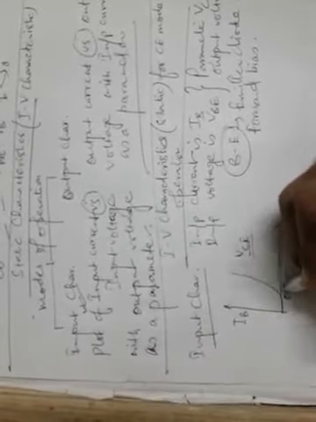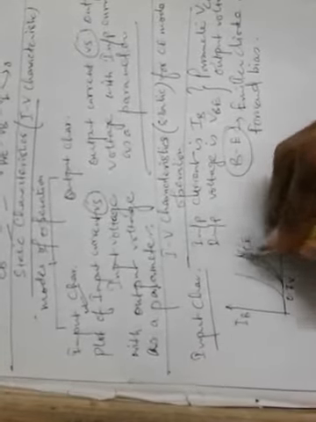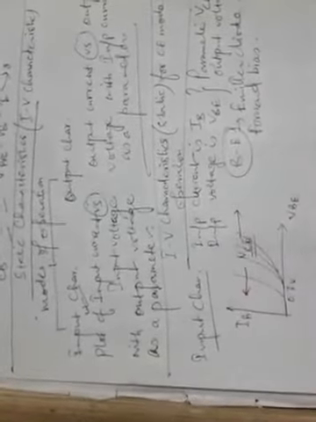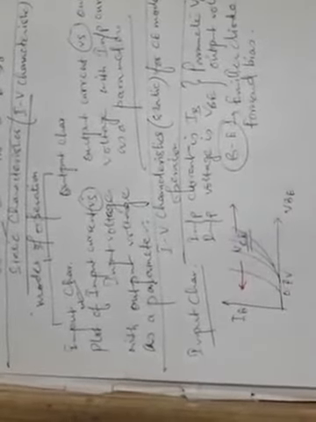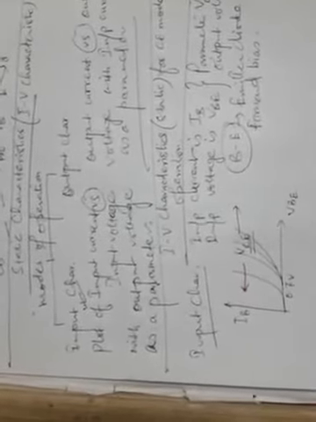If we now change the value of VCE, we will see that the curve is shifted a little bit, parallelly, something like this. As we change the value of VCE, we will get a family of curves, shifted horizontally from a particular position around this 0.7 volt.